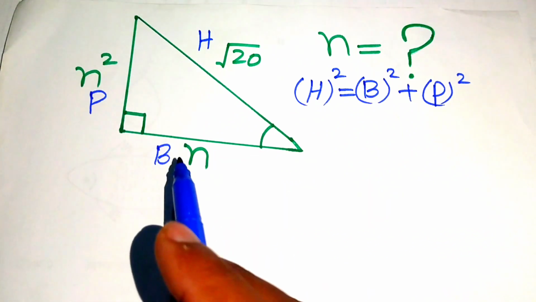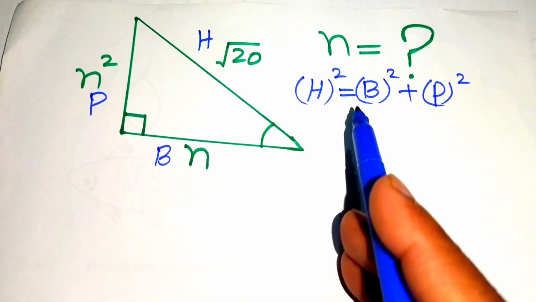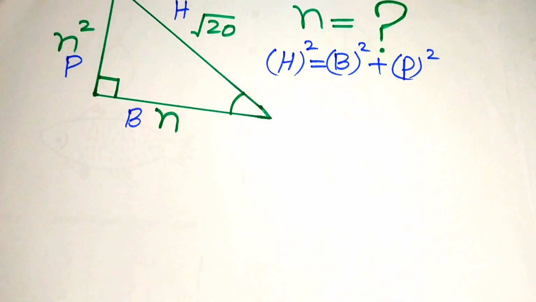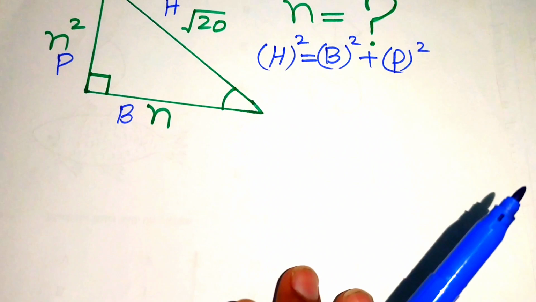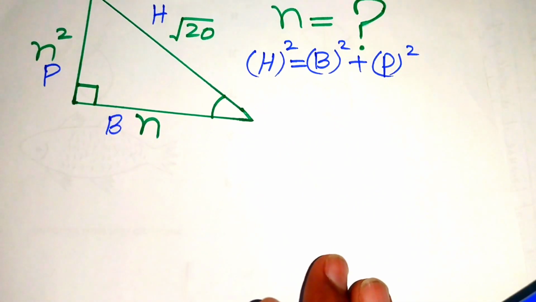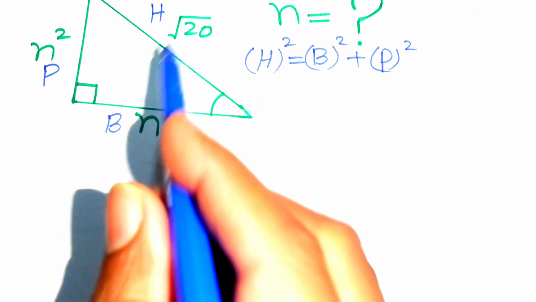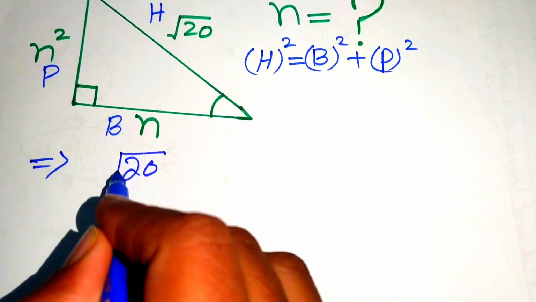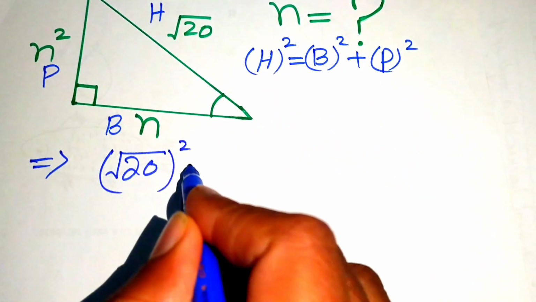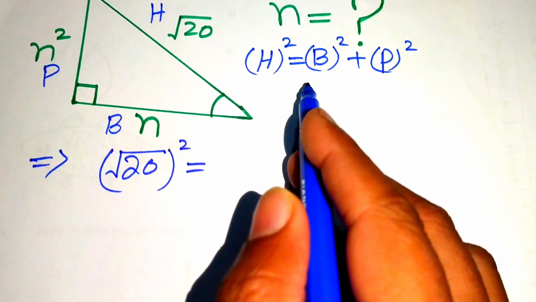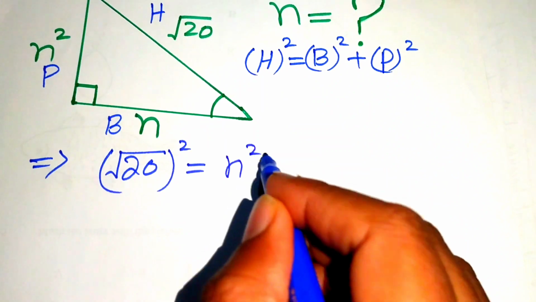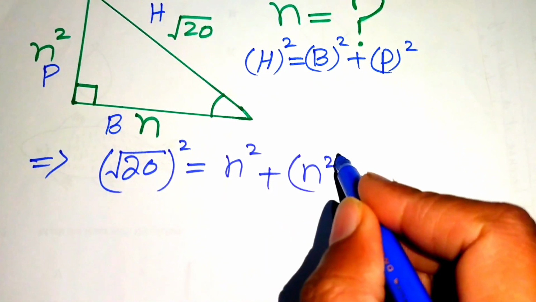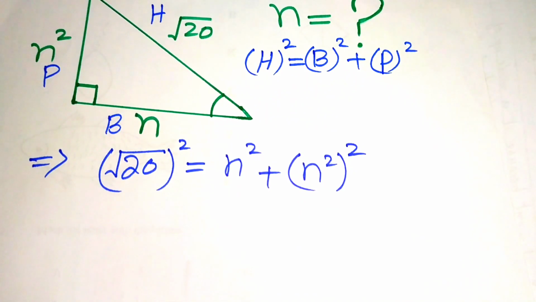Now we substitute the values of base, perpendicular and hypotenuse in this formula. Our hypotenuse is square root of 20, and we write it as square root of 20 and its whole square equals base square, and our base is n, so n square, plus perpendicular square, and our perpendicular is n square, and its whole square.